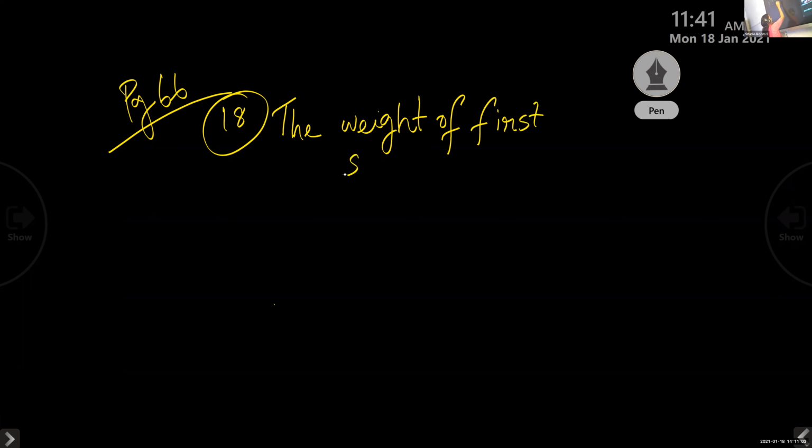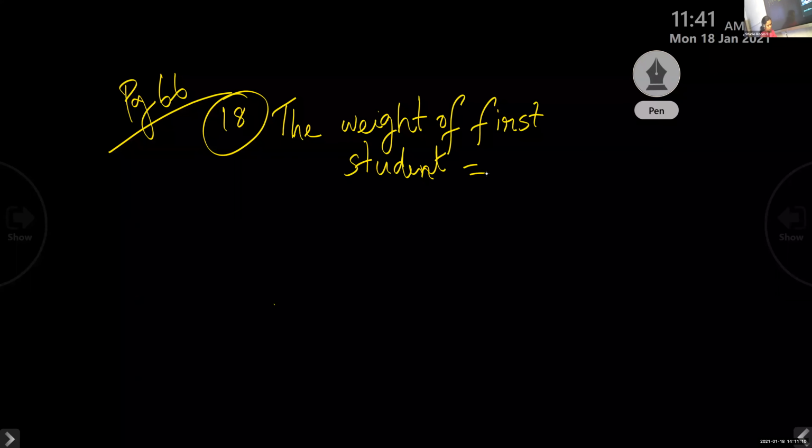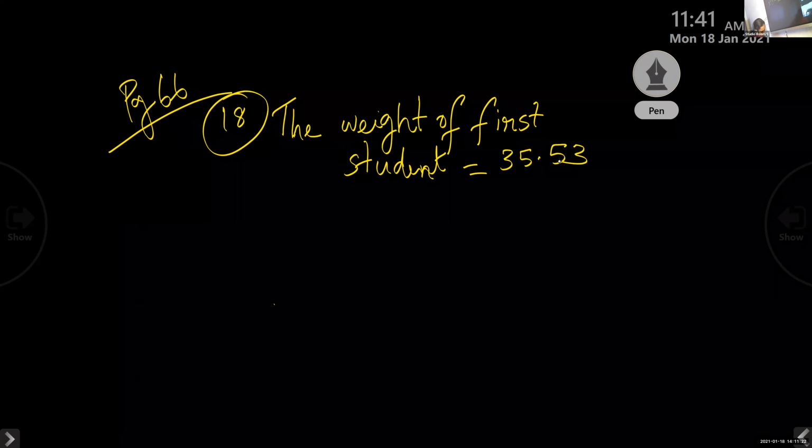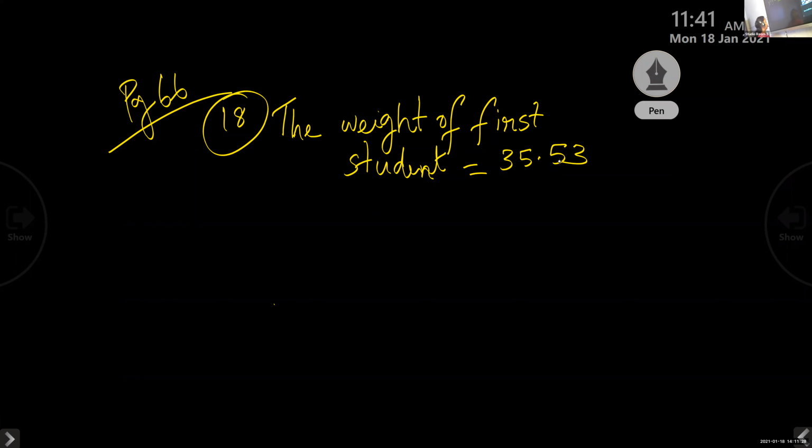Try to see that you have enough place to write. Make your handwriting smaller. So the first one is 35.53. Now next, write weight of the second student.